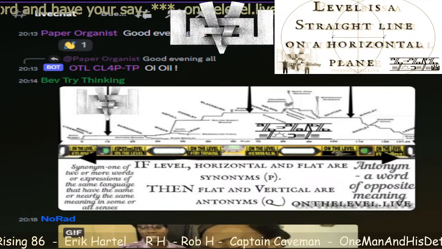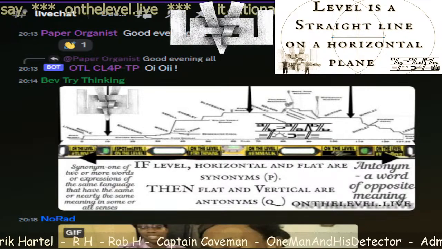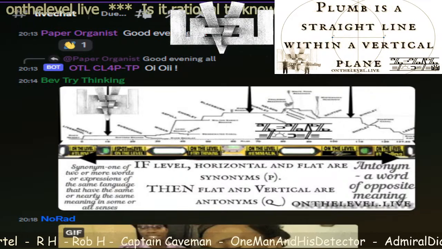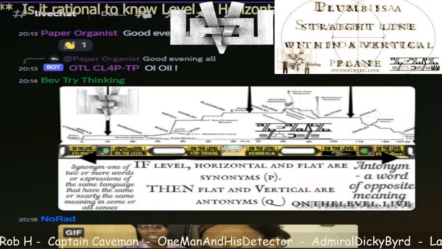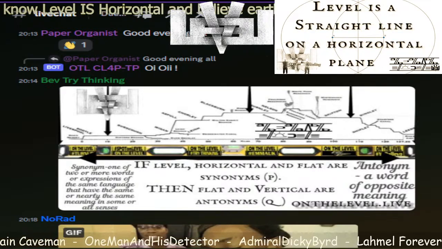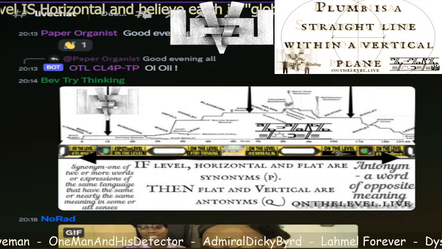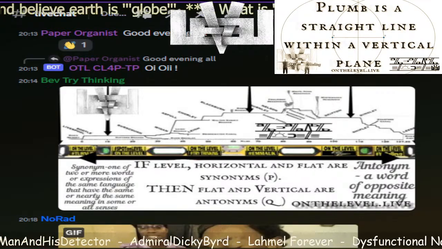Because if horizontal and flat are synonyms, and flat and vertical are synonyms, it means that different orientations are the same. And this is even more absurd.